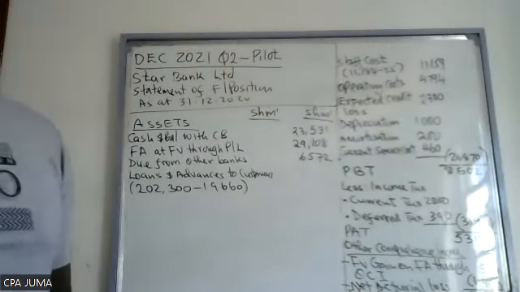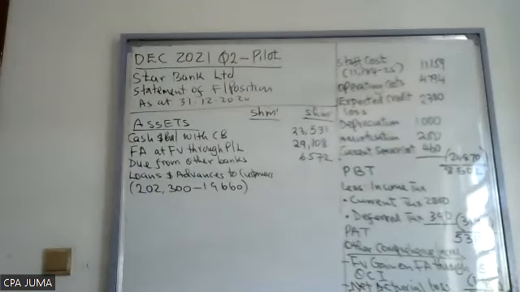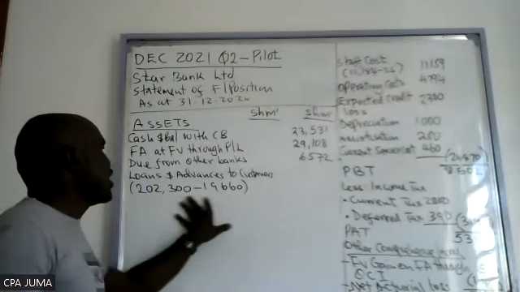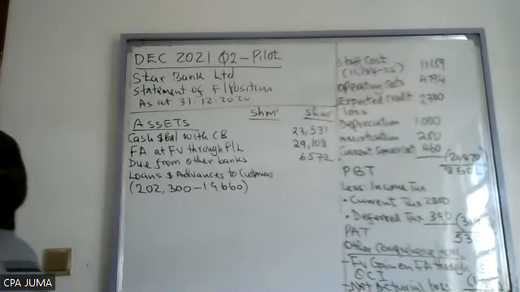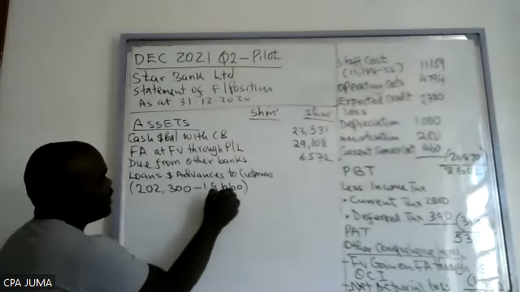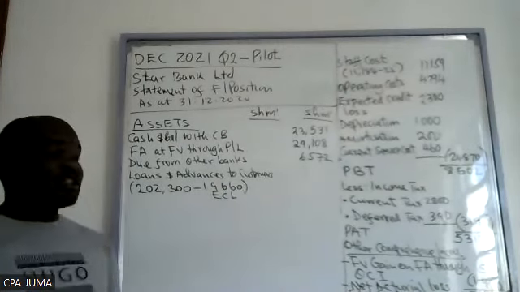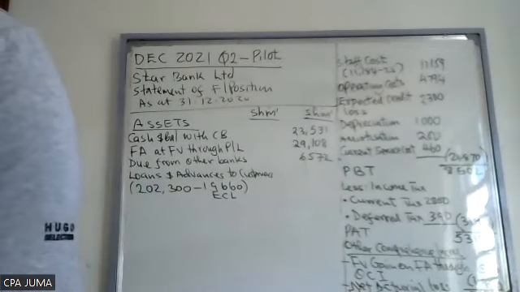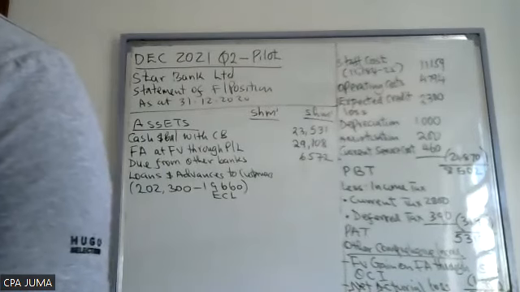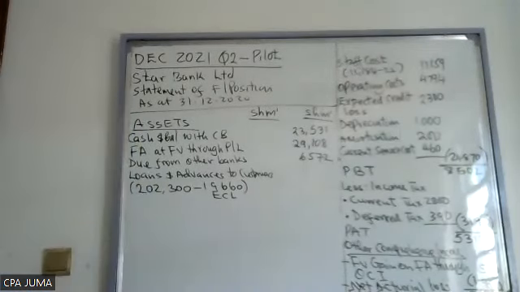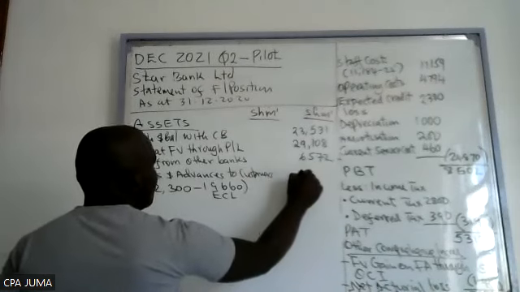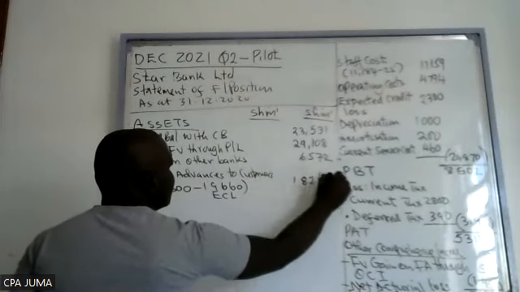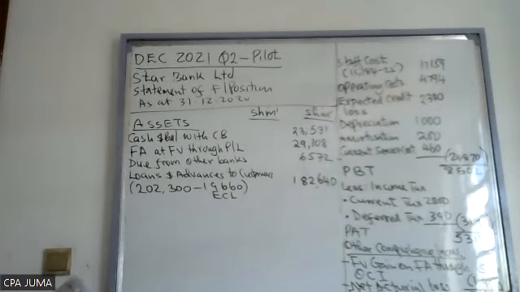So you need to subtract. See the provision for doubtful debt, so you subtract out of that. Write in your books, this one is ECL, the expected credit loss. How much do you get? 182,640. Very good. We proceed.